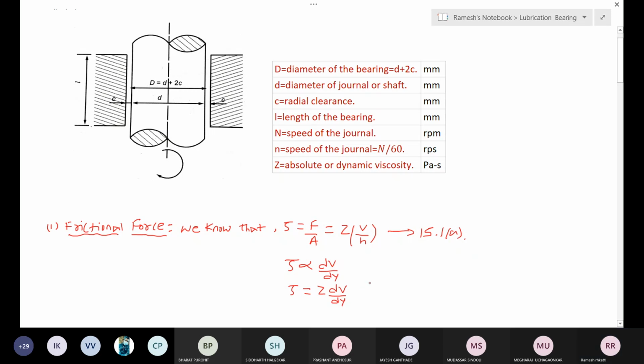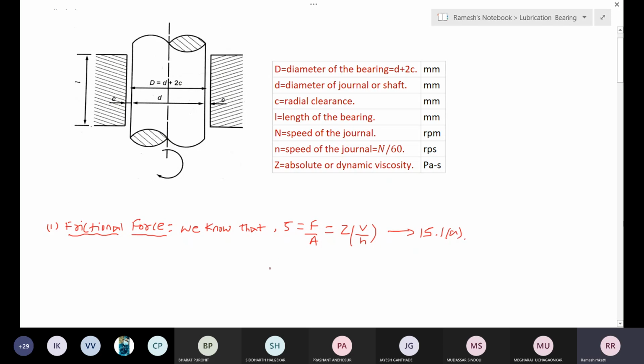This is how you get the equation. You can go through the previous lecture to understand that. Shear stress is frictional force divided by area.